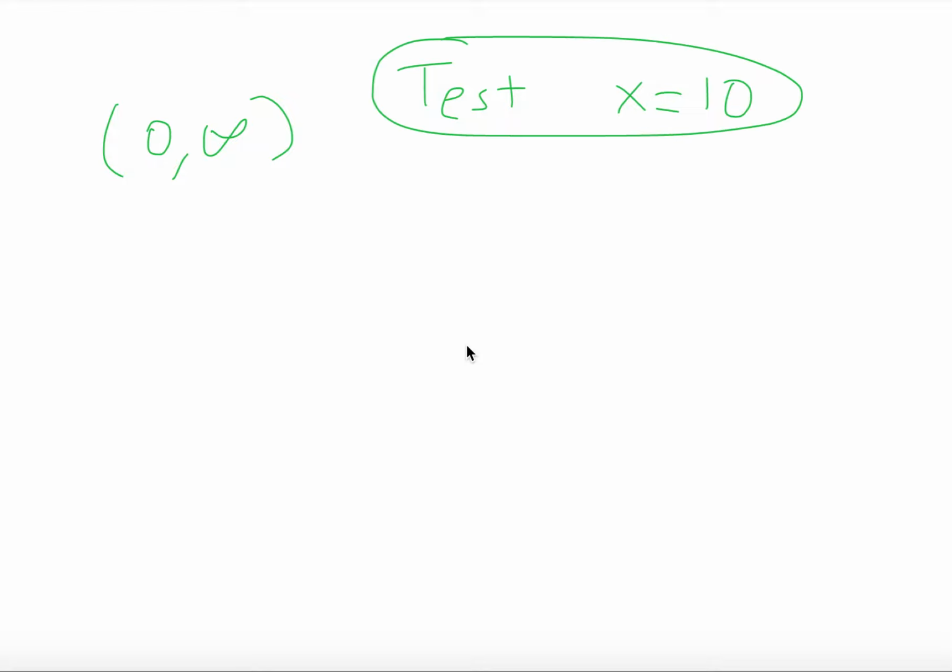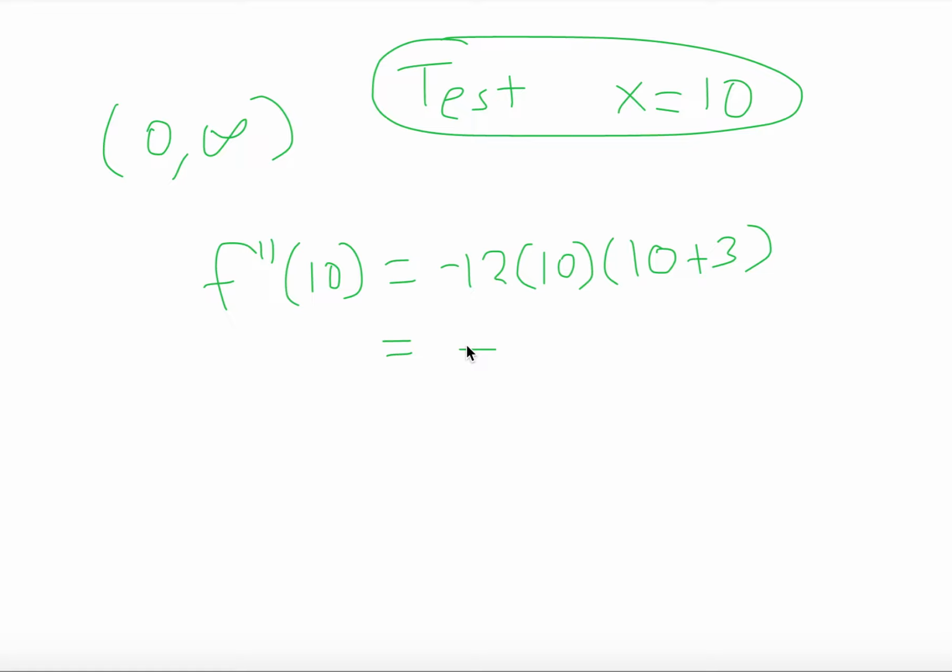Finally, for the region 0 to infinity, I can test whatever I want. So I'm going to test x equals 10. So f double prime of 10 is negative 12 times 10 times 10 plus 3.